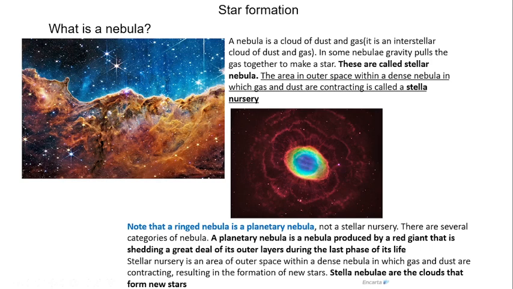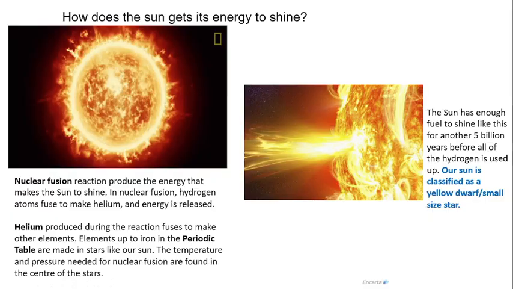A stellar nebula is an area of outer space within a dense nebula in which gas and dust are contracting, resulting in the formation of a new star. Stellar nebulae are the clouds that form new stars. And remember, I told you some facts about the composition of this cloud. There is hydrogen, helium, plasma, and dust. So when they contract, we have the birth of a new star.